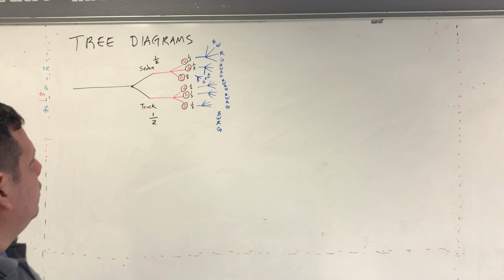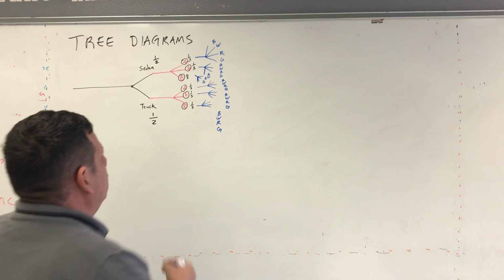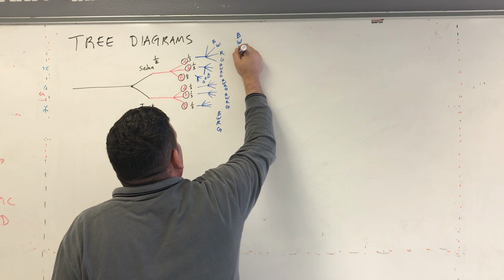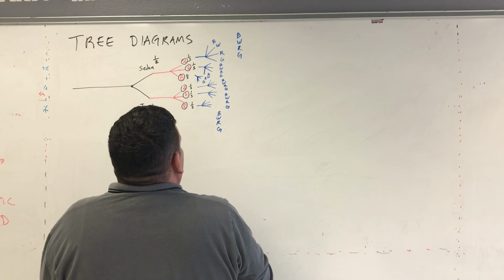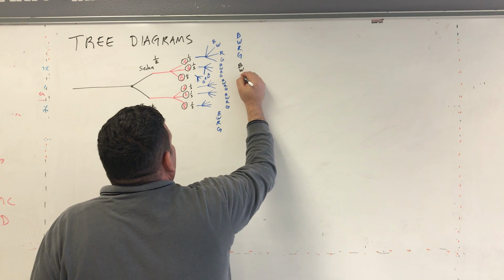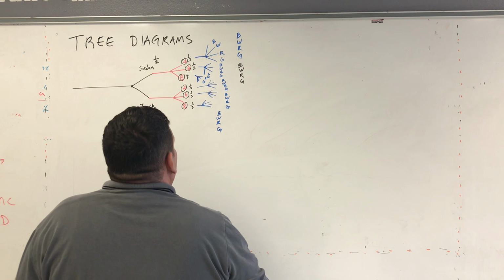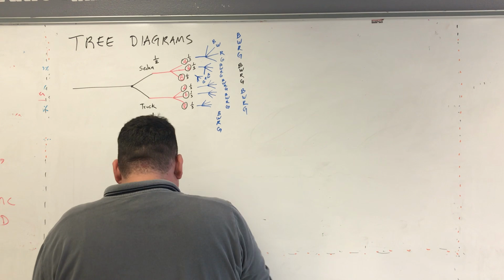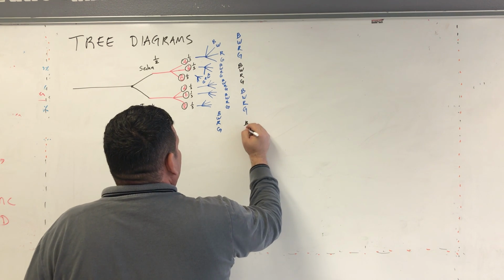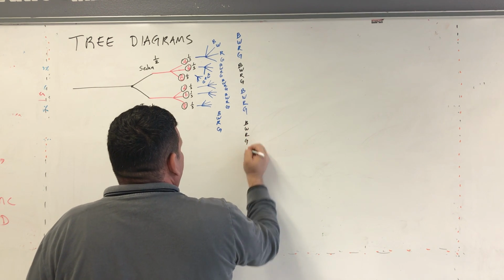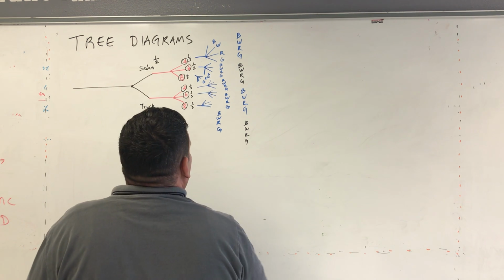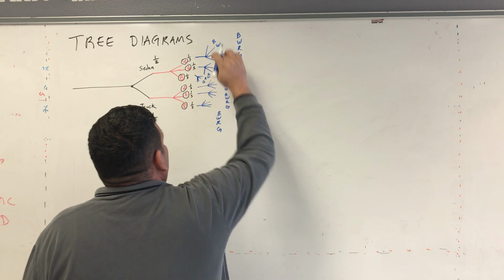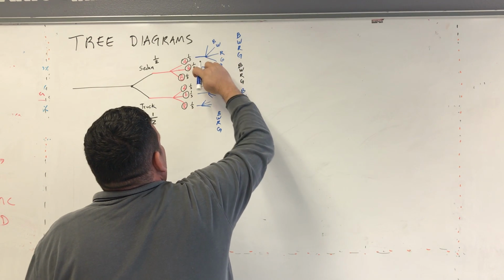So I will do this in a better way so it can be more clear. Blue, white, red, green, with a different color for each group. Now 1, 2, 3, 4, 5, 6.